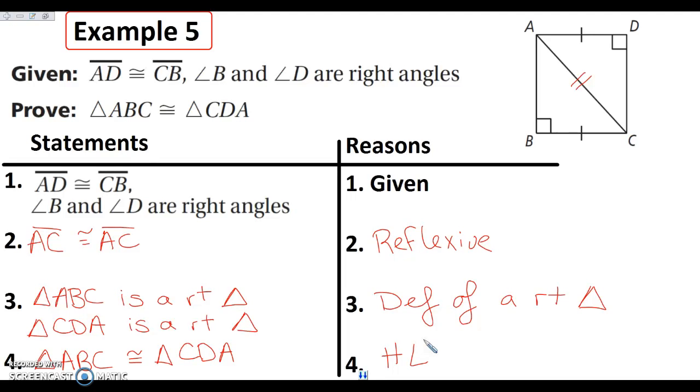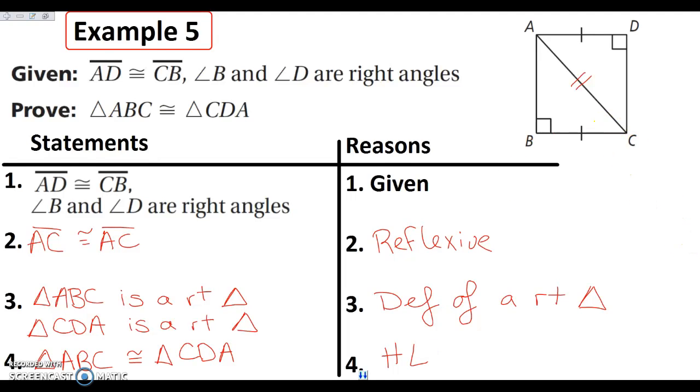Okay, if your picture is given to you with a right angle, check first to see if you can use HL. Now, will you always be able to? Absolutely not. Sometimes it's going to be side, side, side, or side, angle, side, or angle, angle, side, depending on what else you're given.